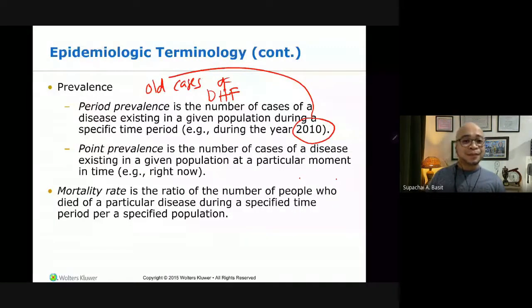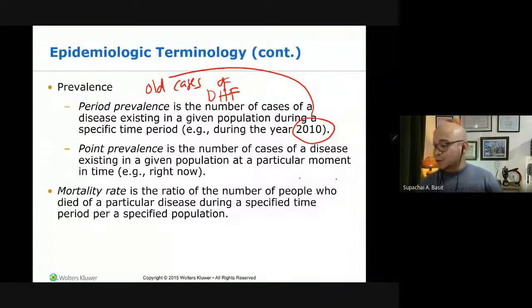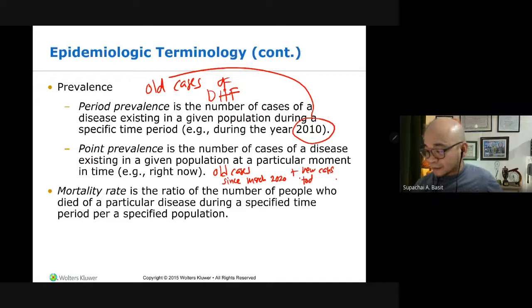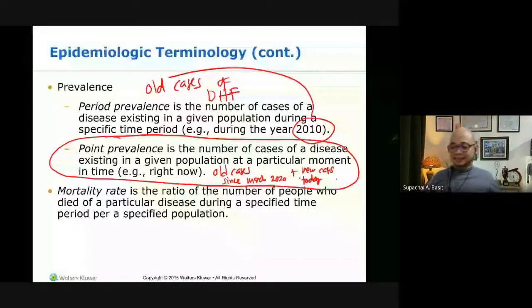But when you say point prevalence, it is the number of cases of a disease existing in a given population at a particular moment in time. Meaning to say, right now. So what is the point prevalence of COVID-19? You add the old cases since March 2020 plus new cases today, that would be the point prevalence.